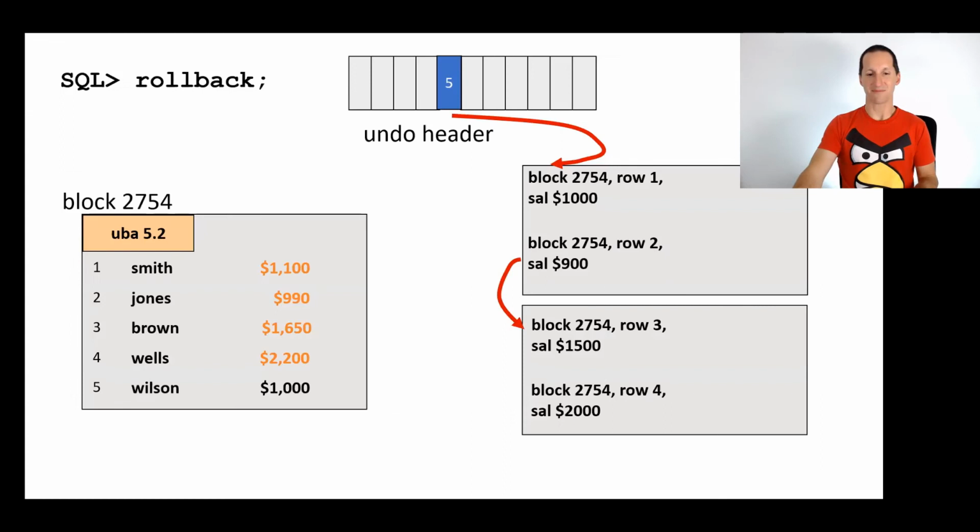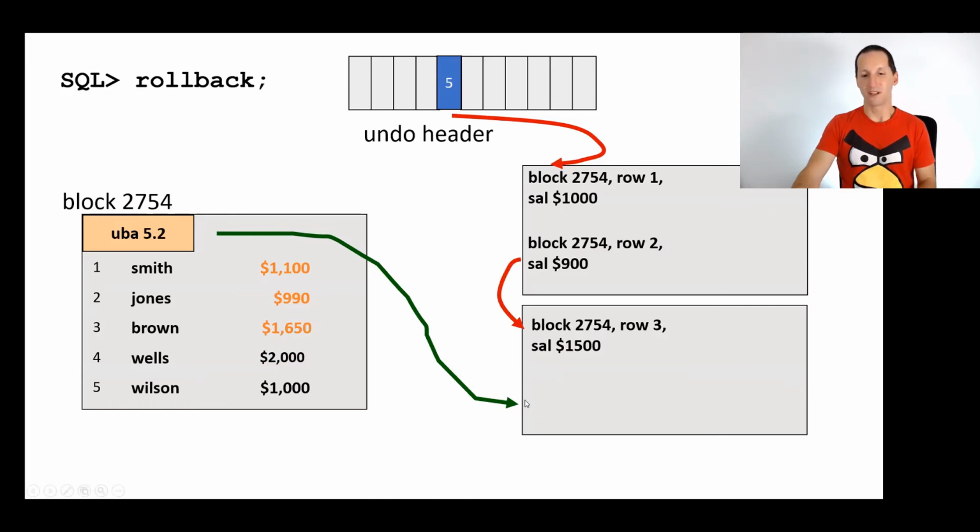So when I do a rollback, I simply look at my block 2754. It says start at undo block address 5.2, which is that block down the bottom there, and I roll back the information in reverse order. So start with row number 4, take the salary, set it back to 2,000. Then move along the pointers and undo that information, go back to salary 1,500. As I'm undoing this information, I'm also undoing the undo, if that makes sense.